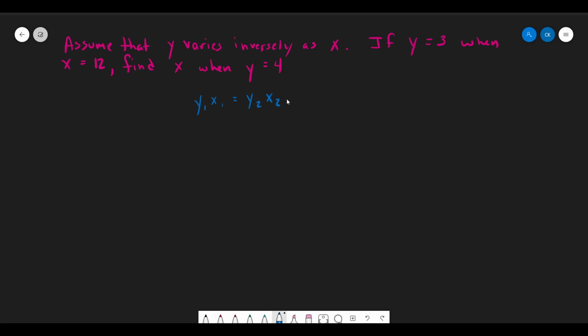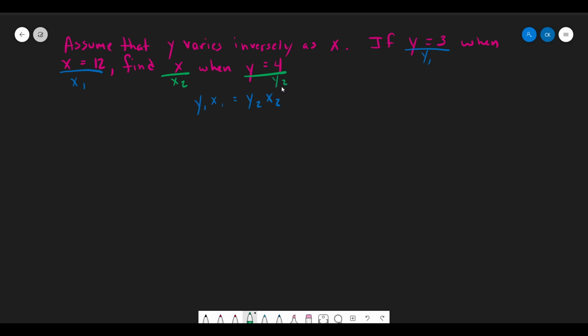Now again, if you don't remember what 1 and 2 mean, the y and the x1 is the first scenario. If y is 3 when x is 12, this is y1, this is x1. Okay, in the second scenario, this would be x2 and y2.